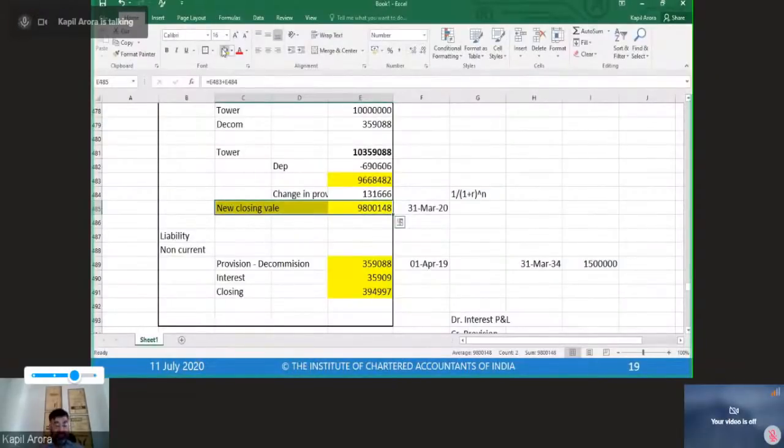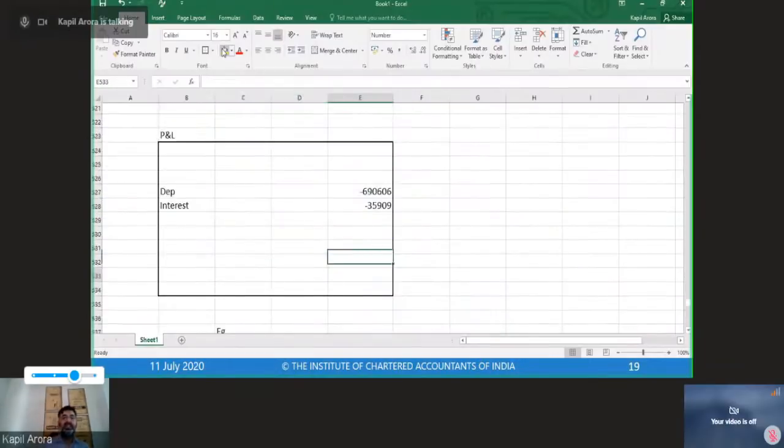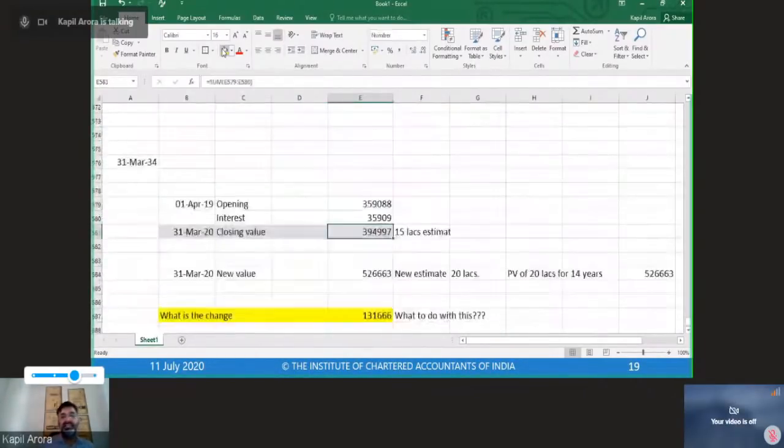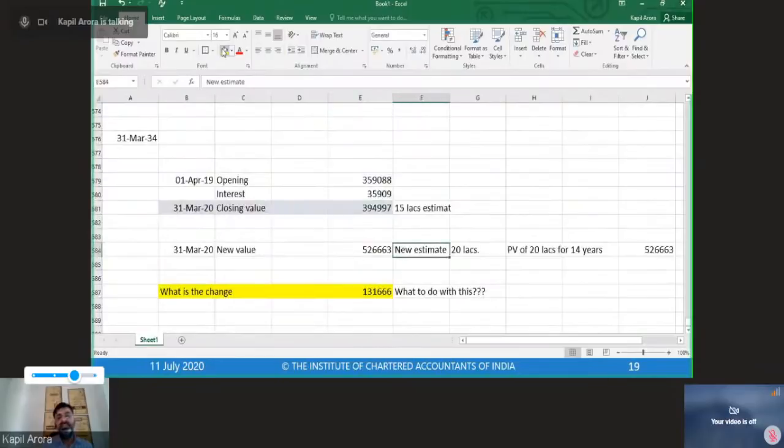And why has this change come? Because the value which we have considered, 15 lakh, was an estimate and it can change. What if, instead of 20 lakhs, the new estimate is 10 lakhs? The value is lower. So if value is lower, what will happen?